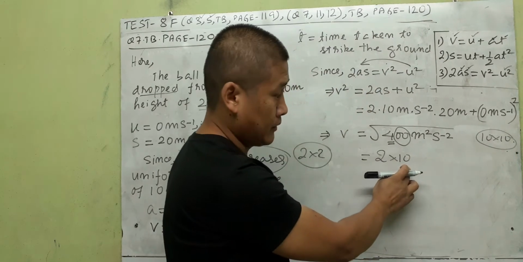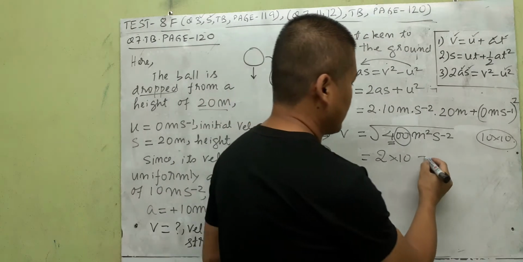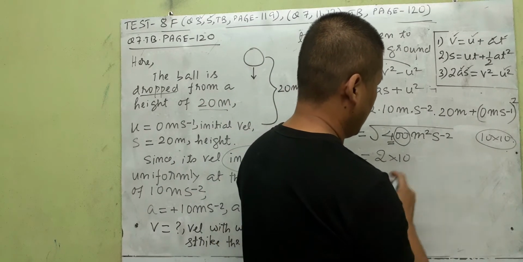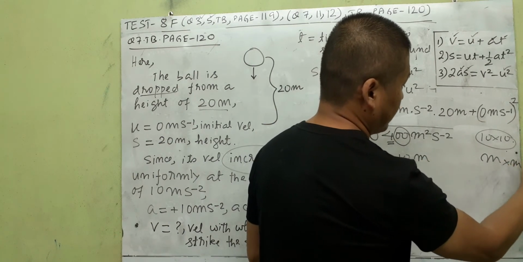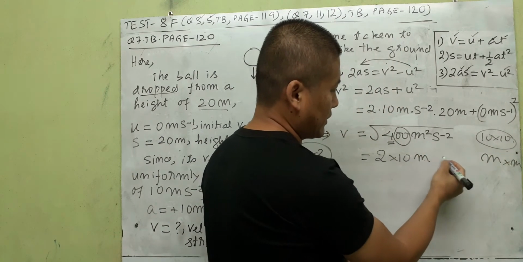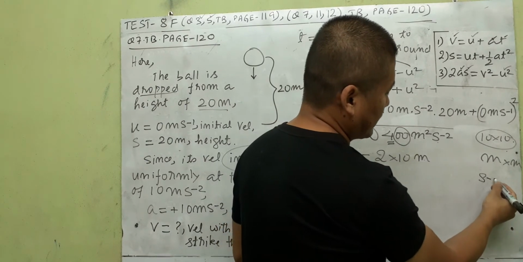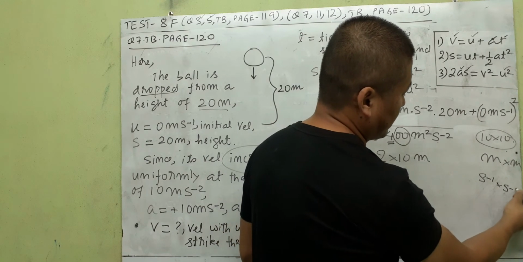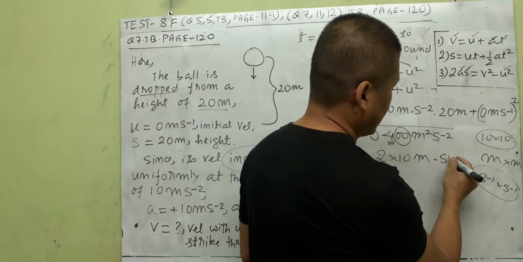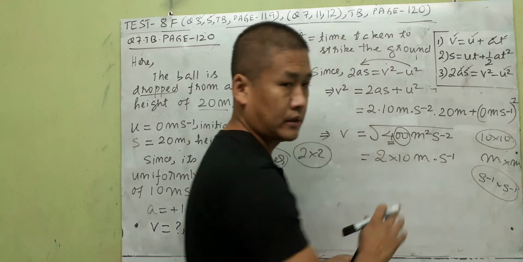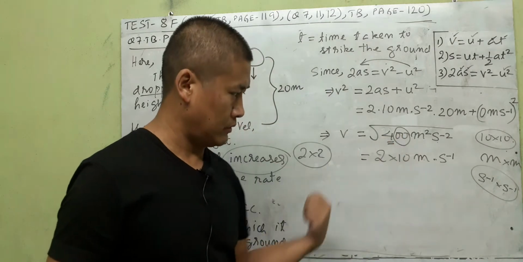So 2 into 10, and then meter square will come out. Meter square means meter into meter, so double meter will come out single meter. Second to the power minus 2 means minus 1 into second to the power minus 1, so double will come out as single. That's how we take out the quantities from inside the square root to the outside, right?